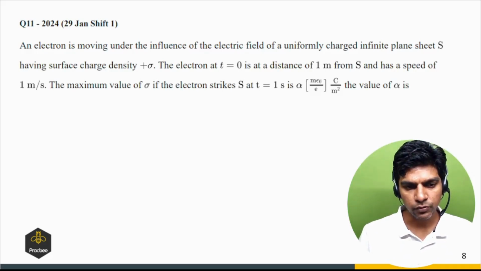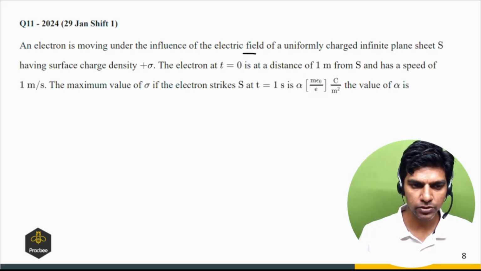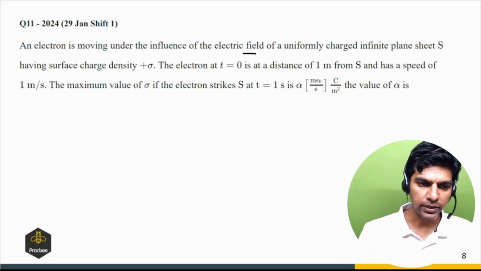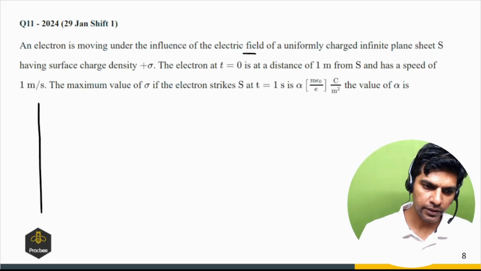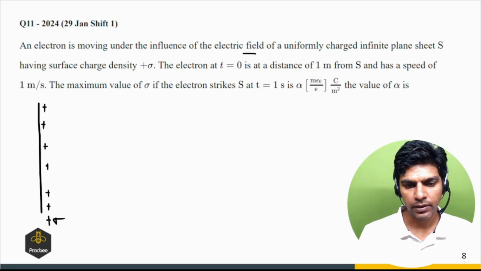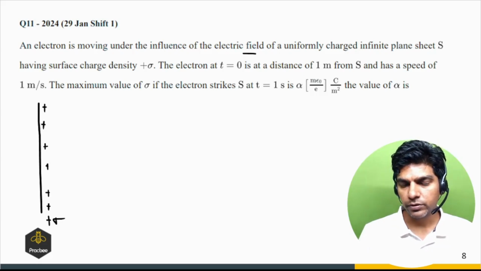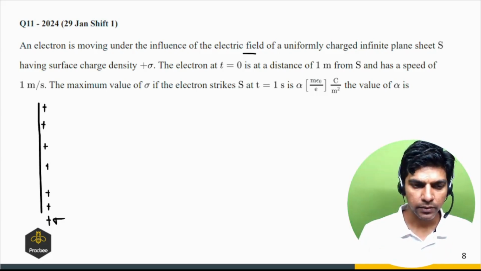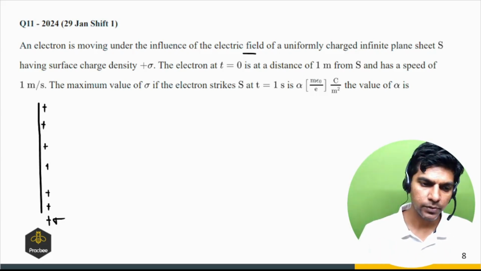An electron is moving under the influence of electric field of a uniformly charged infinite plane sheet S having a surface charge density plus sigma. So we have an infinitely long sheet of charge which is having uniform surface charge density plus sigma, and due to this positive sheet the field will be normal to the sheet at every point, and the field will be uniform.